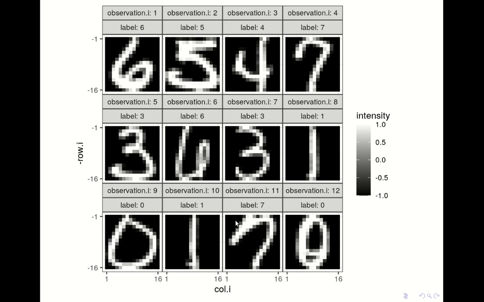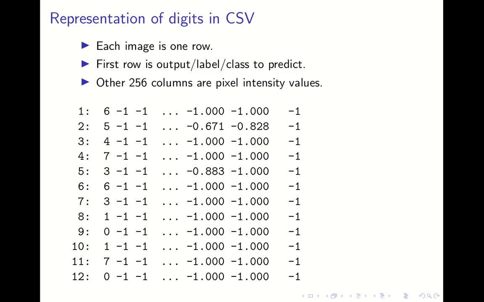So the -1s correspond to the dark black areas, the 1s correspond to the bright white areas, and then the gray values are somewhere in between. So what we want to do in every case is take all of these intensity values as input and then output the corresponding label value. That's what we want our algorithm, or our learned function, to do.